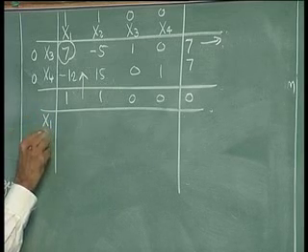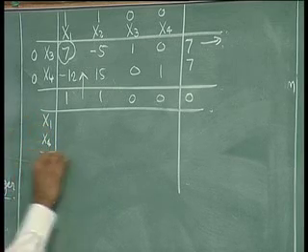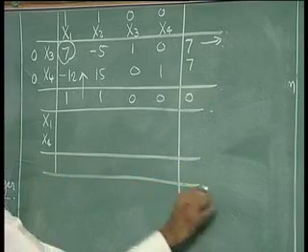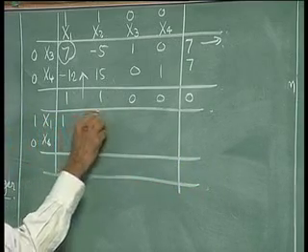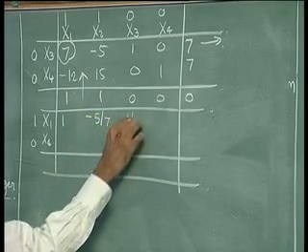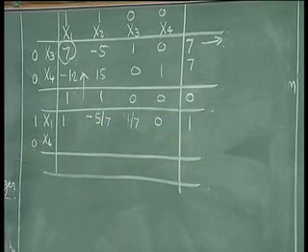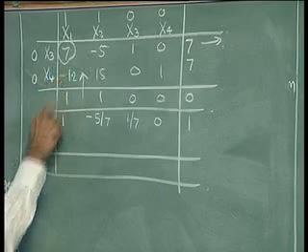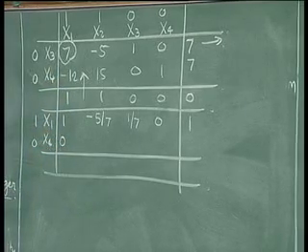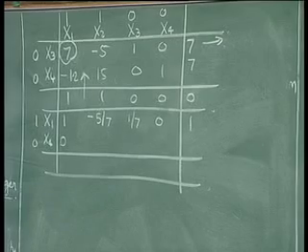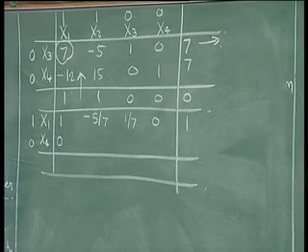So, I have x1, x4. So, I have 1 and 0. 1 minus 5 by 7, 1 by 7, 0, 1. This plus 12 times this, so 0. 15 minus 60 by 7 is 45 by 7.